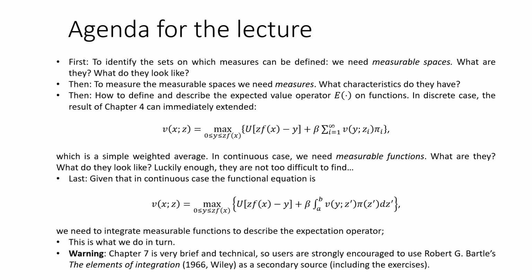In discrete case, we have no problem. In discrete case, such an expected value can be expressed as the weighted average of value functions. So, as the textbook explains, in discrete case, the results of chapter 4 can be immediately extended to stochastic case.